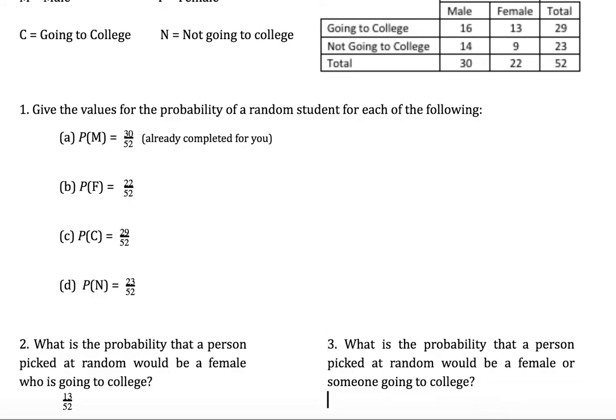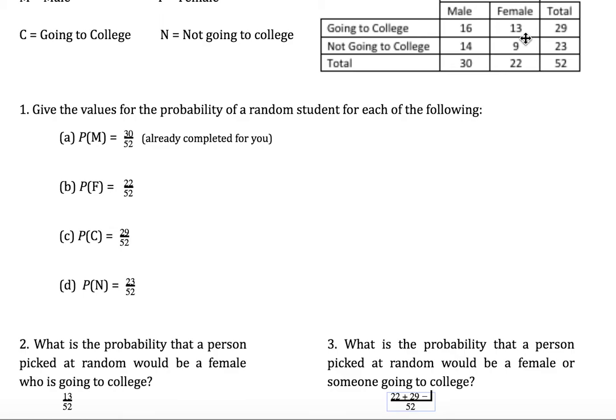Go down here to 3. What is the probability that a person picked at random would be a female or someone going to college? This is a little different. This is a union. When I have an or, that's going to be a female or going to college. So female, there are a total of 22 females, plus going to college, there are a total of 29 students that are going to college.